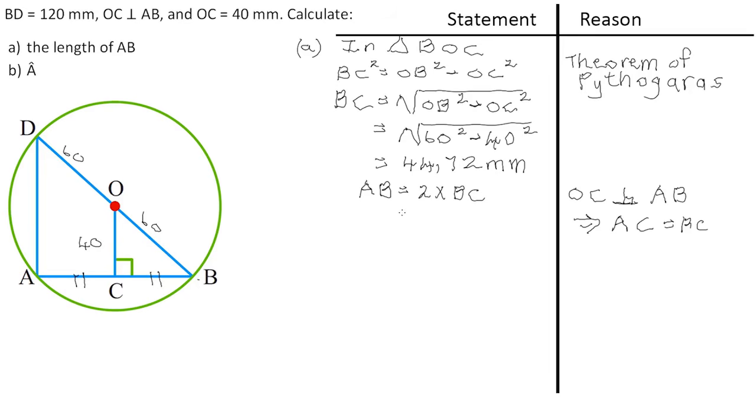Now we just substitute 2 times 44,72, and your answer for AB will be 89,44 millimeters.